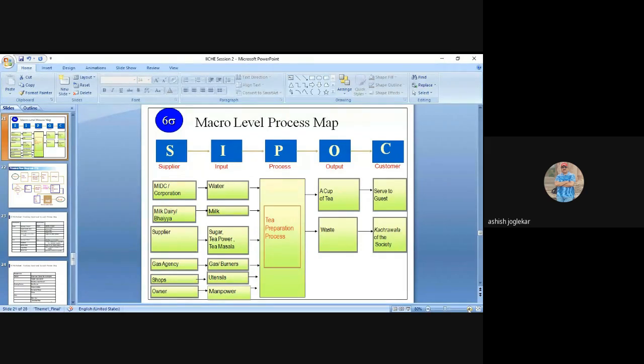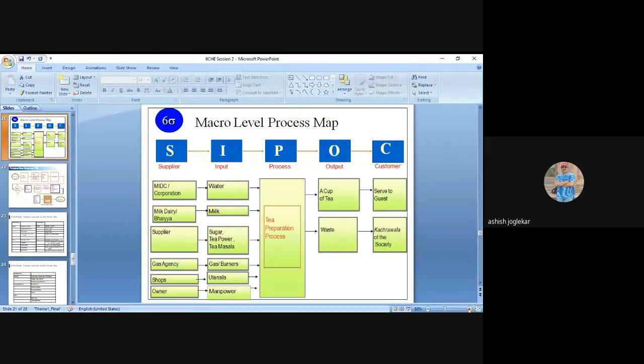Gas agencies, utensils, and manpower is the person making the tea. The inputs are water, milk, sugar, tea powder, tea masala, and gas and burner; utensils are the equipment used, and manpower is the person doing the job. Then we have the process of tea making. The output is a cup of tea and waste. That is, the strained powder is waste.